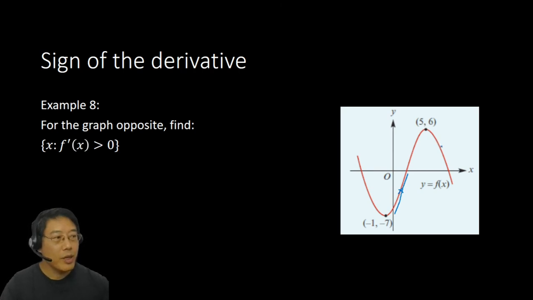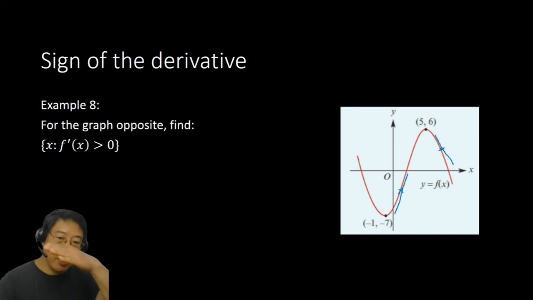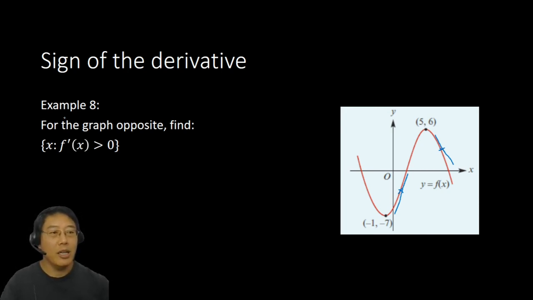And then you're going to have to exclude those ones. For example, if you pick that one, you draw your tangent from the left to the right, the line is going downwards. It means your function is going to be decreasing. So here it's telling you, for the graph opposite, find the values of x for the derivative to be greater than 0.